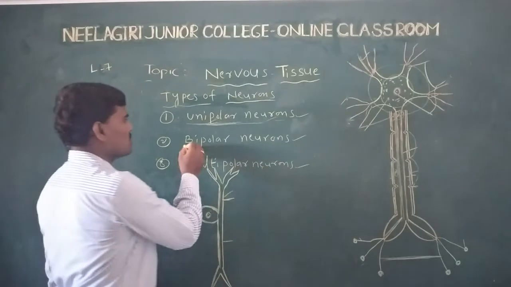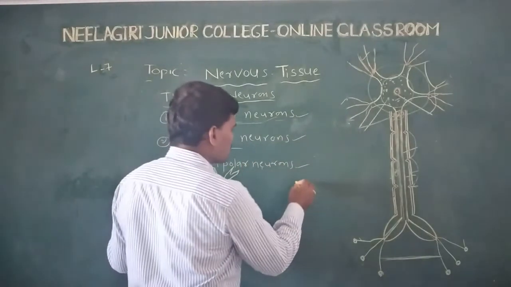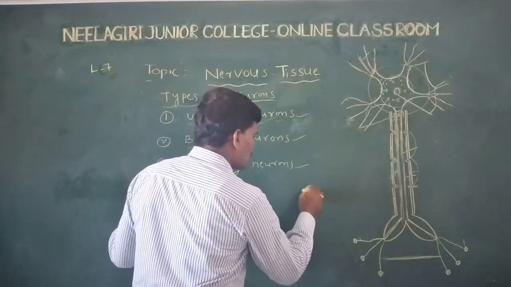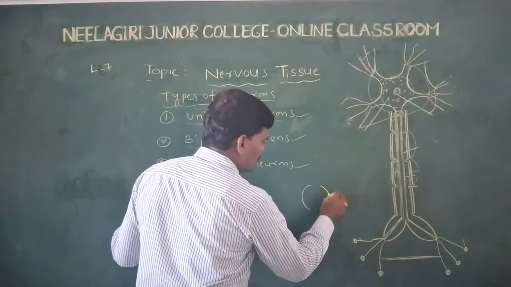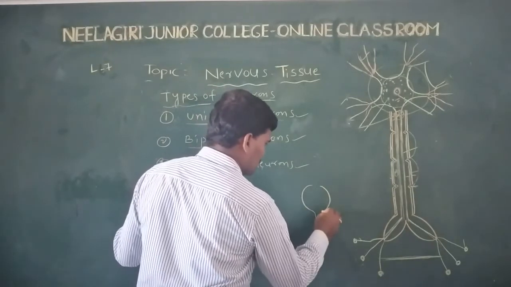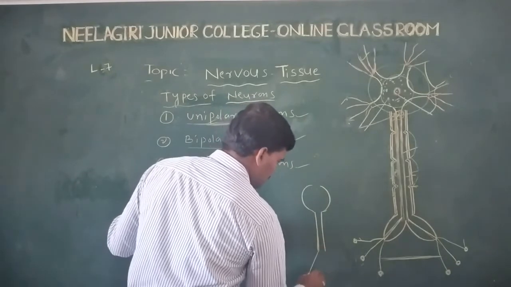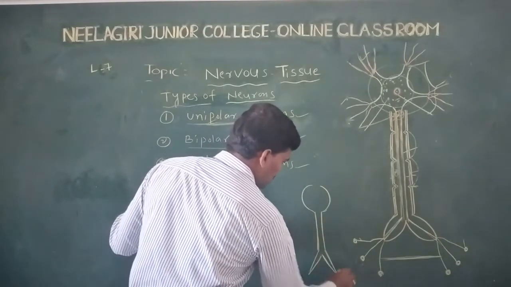Next, now see bipolar neurons. Whether unipolar, bipolar or multipolar neurons, the cell body or soma is compulsory.